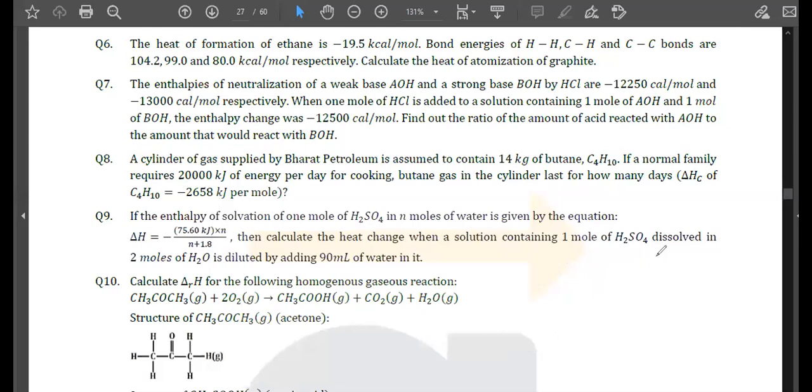Question number 9. Everyone, think about question number 9. If the enthalpy of solvation of 1 mole of H2SO4 in n mole of water is given by this equation. Now, don't you think that this is a very easy problem?